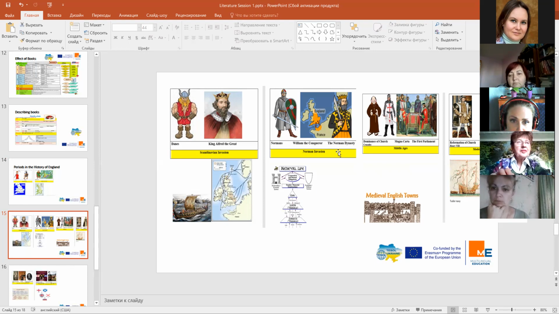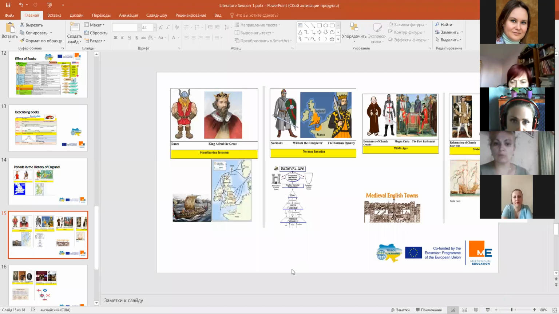But when we look at the Norman invasion, what do we see here? Like I put especially for you, what is this sign here? What's the king, then the vassals, the lords, the knights? What kind of a hierarchy is it? Feudal society.